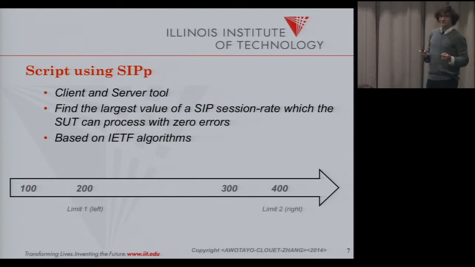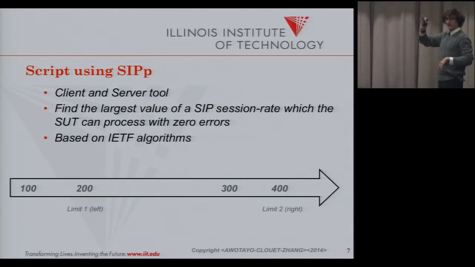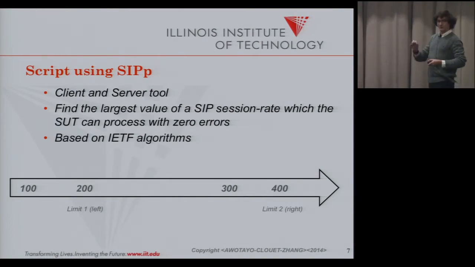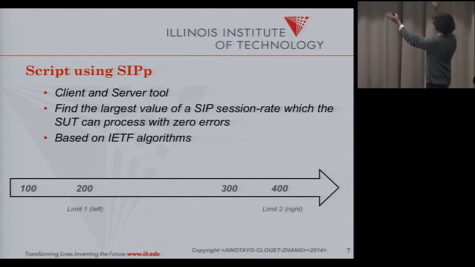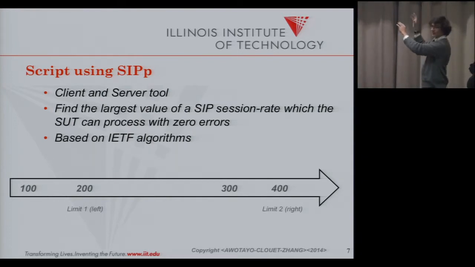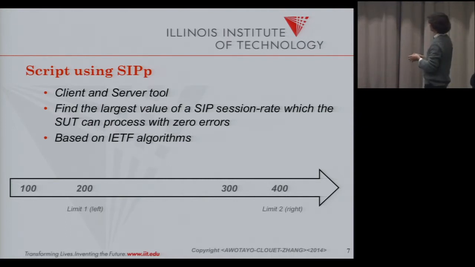At 400 calls per second, we have a failure. So the script decreases the call rate, in that case to 300, and now we have a right limit, which is the maximum call rate where there is a failure. Now the script bounces back and forth between the two limits to find the middle value for the breaking point.